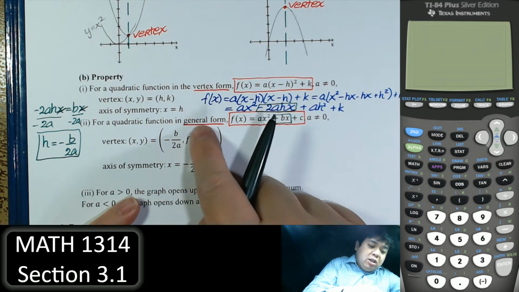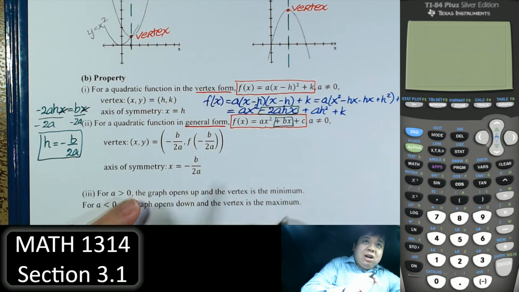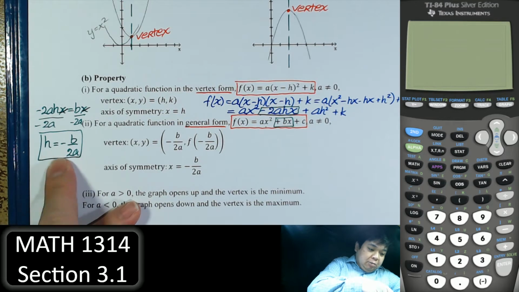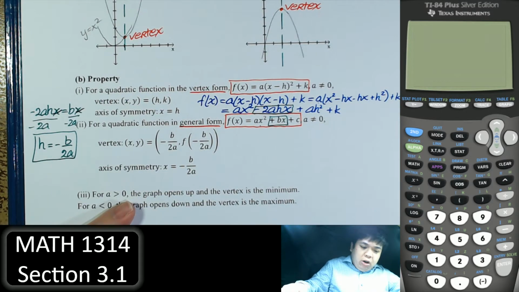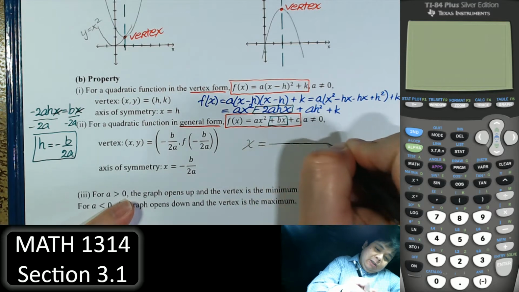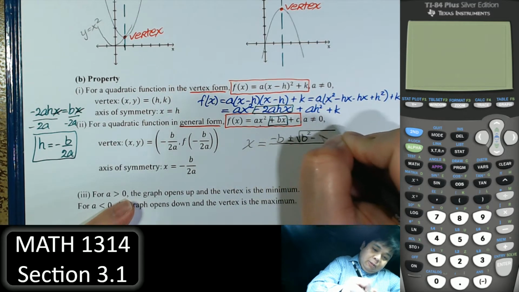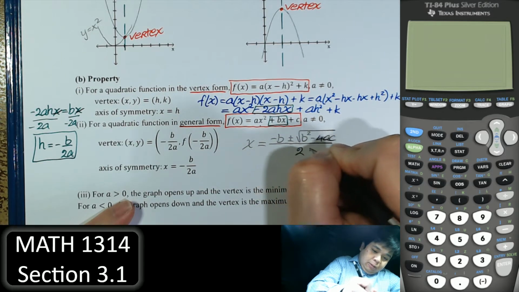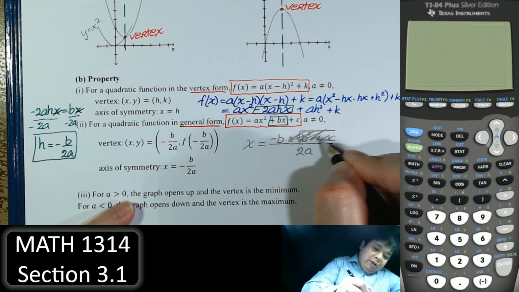In that case, we just evaluate the function at that value. Once again, the h component, or the x coordinate of the vertex, is that. Also, if we look at the quadratic formula, the negative b over 2a is where we don't have this part.